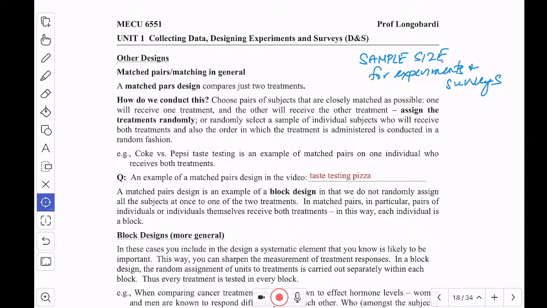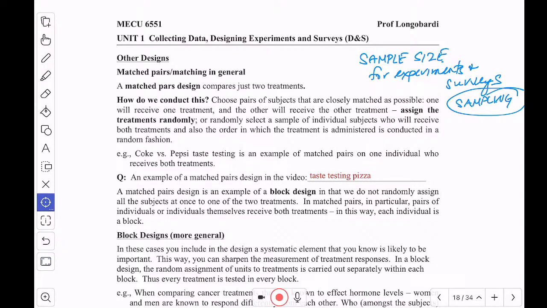You know, the whole industry of sampling itself is a specialization. So I'm going to teach you some of the basics about sampling and sample size determination.